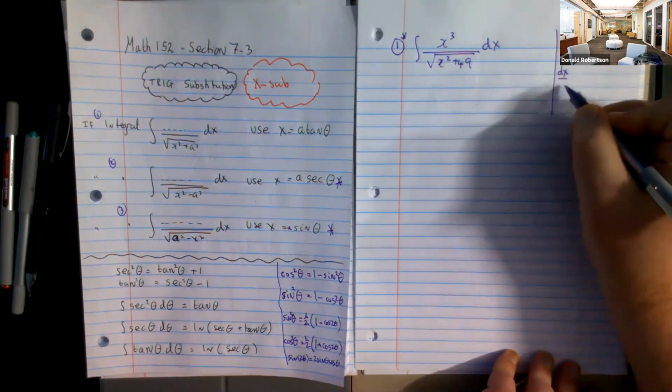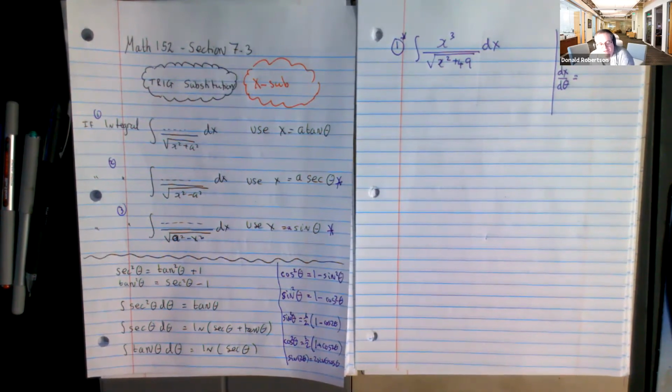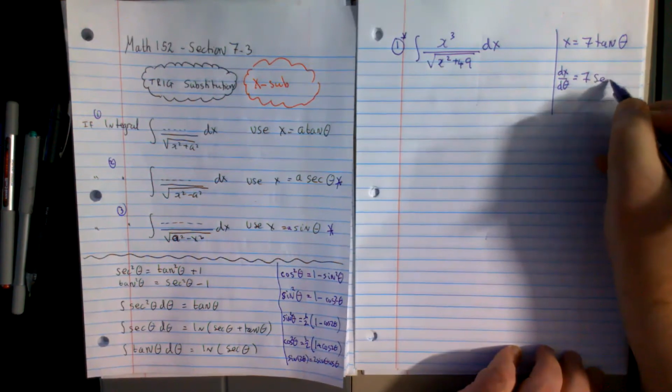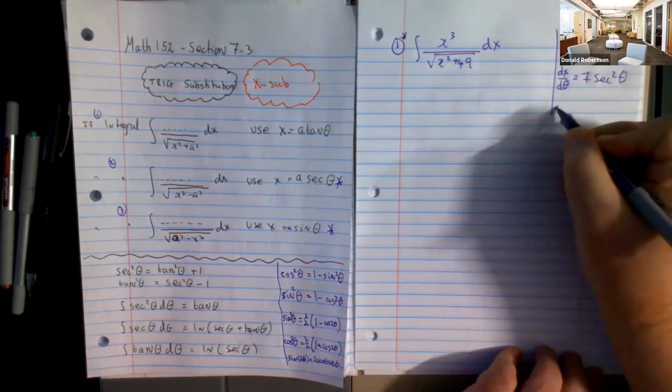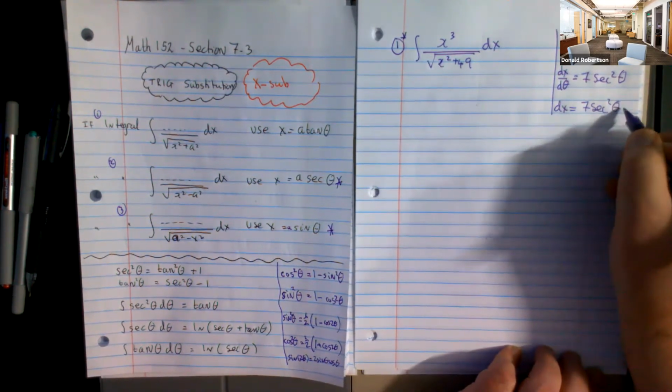Now you're going to cheer me up now. What is the derivative of tan theta? Secant squared theta. You got it. So the crossover is 7 secant squared thetas, d theta.